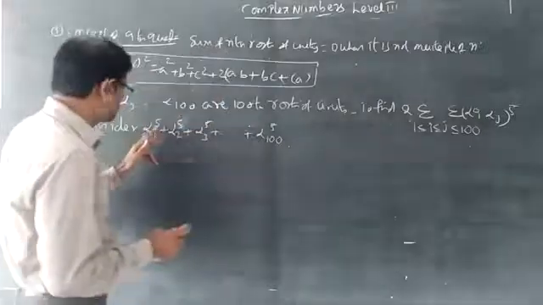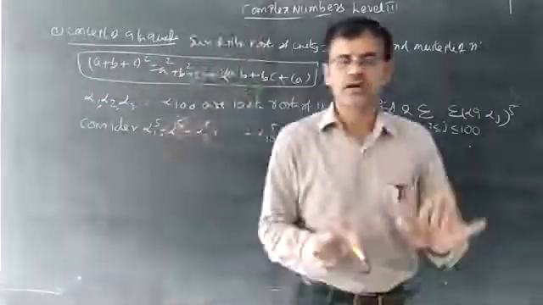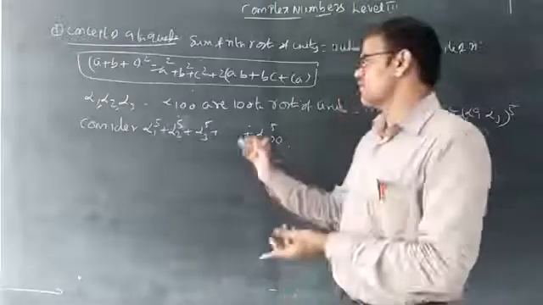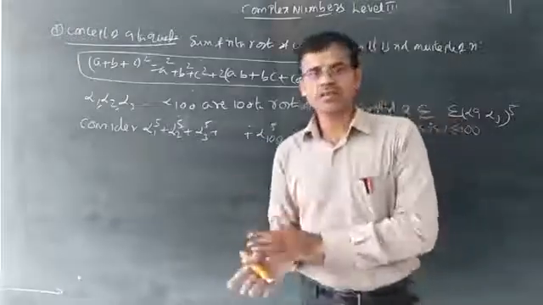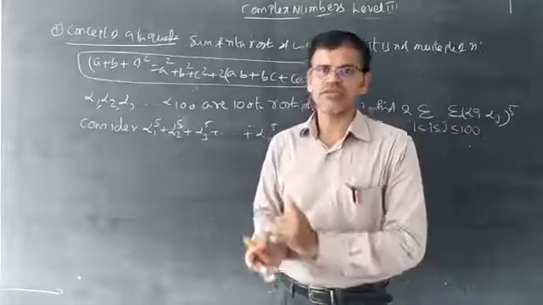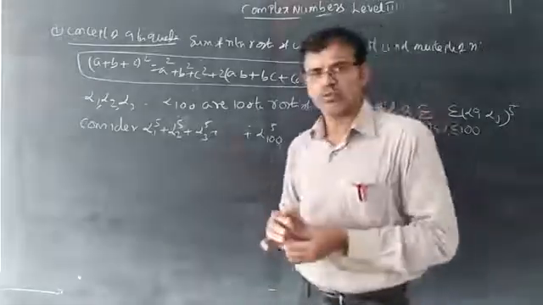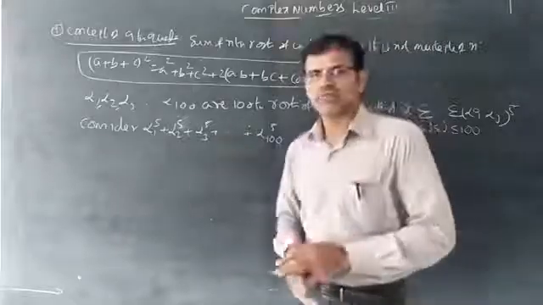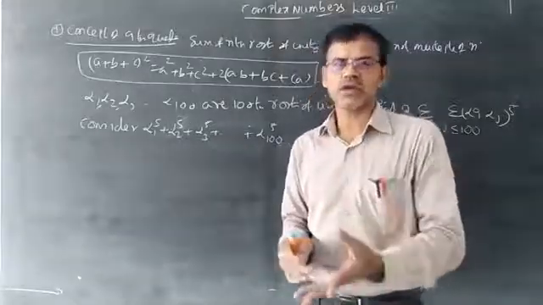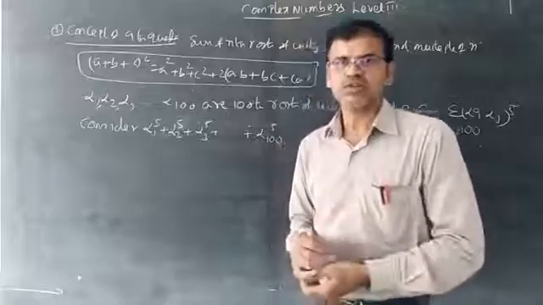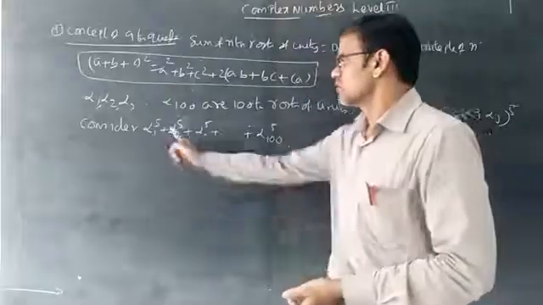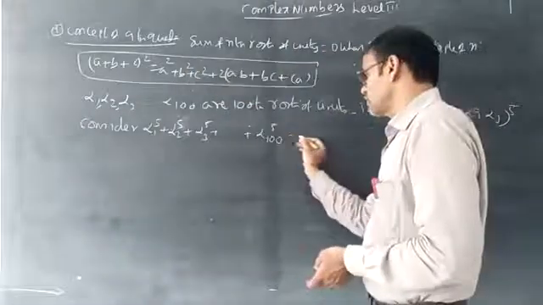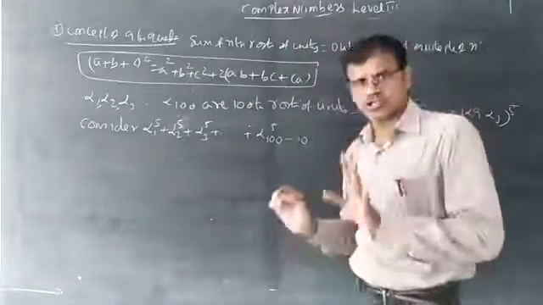Here you can understand 5 is not at all a multiple of 100. Students, don't get confused. 5 is a divisor of 100, 5 into 20. But 100 into what is equal to 5? It is not there. 500 is a multiple of 100, 200 is a multiple of 100, 300 is a multiple of 100, but 5 is not at all a multiple of 100. Whenever it is not a multiple of n, directly you can understand it is 0.